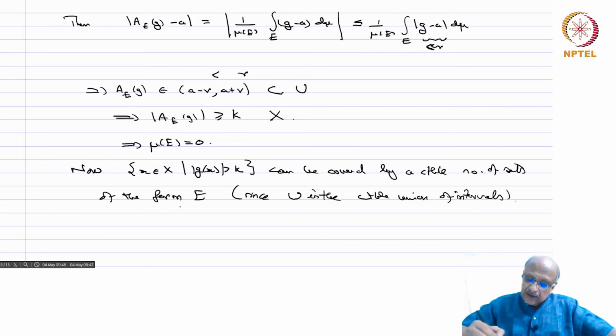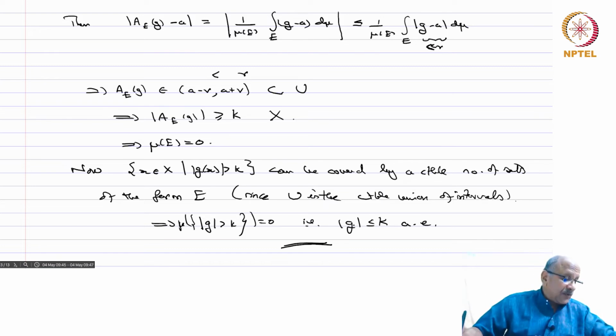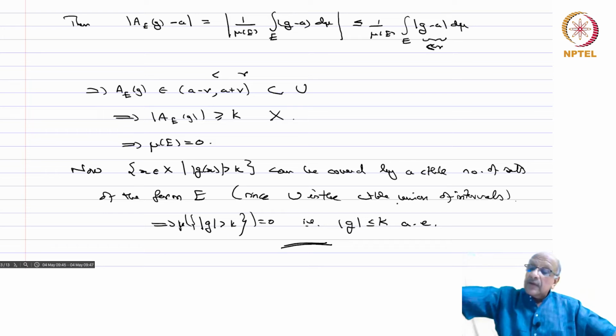So each set of this form is of measure 0, and therefore this implies that the measure of mod G greater than K is equal to 0, that is mod G is less than or equal to K almost everywhere. So that proves this.